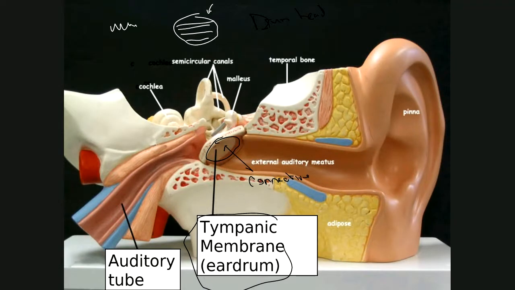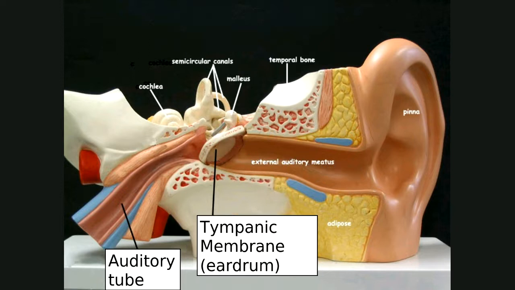When sound comes in here, it hits this drum head just like a stick hitting it, and makes the drum head, the tympanic membrane, vibrate. And so that vibration is a result of sound, just like when you hit the drum head with a stick.